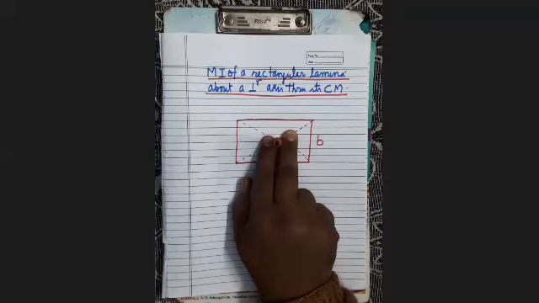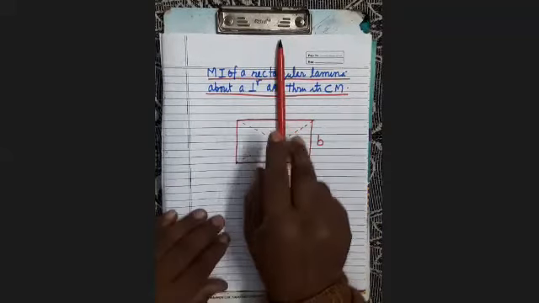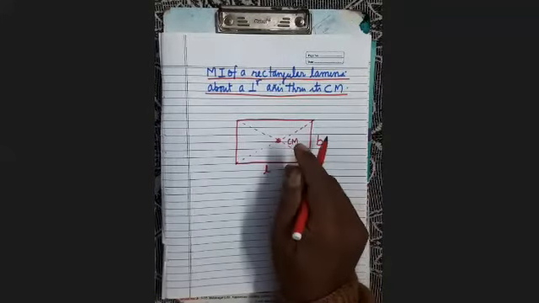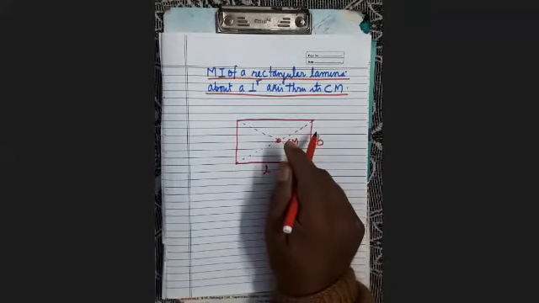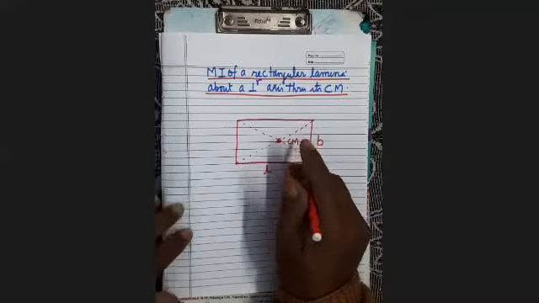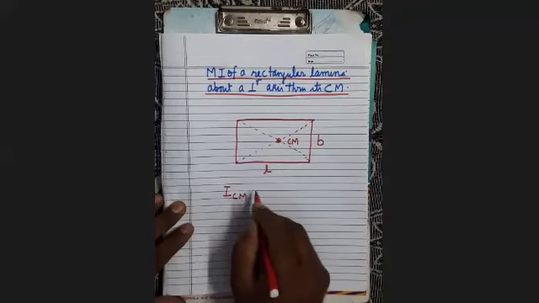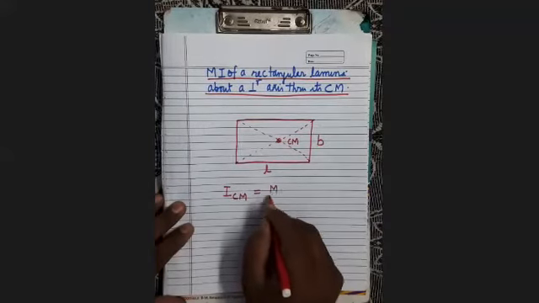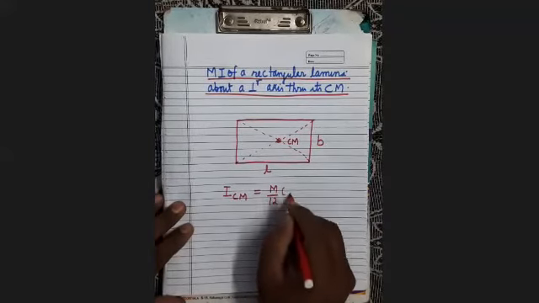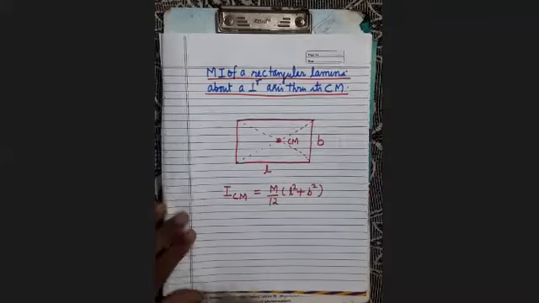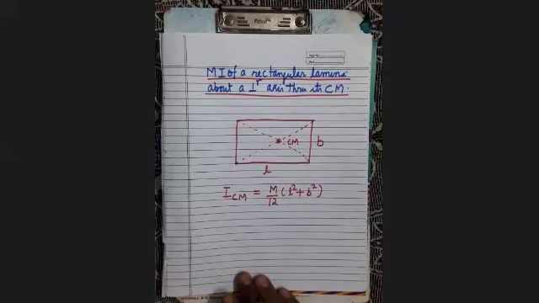So what will be the moment of inertia about this? It will be equal to I_CM equals M upon 12 within bracket L square plus B square. M is the mass of the rectangular lamina.